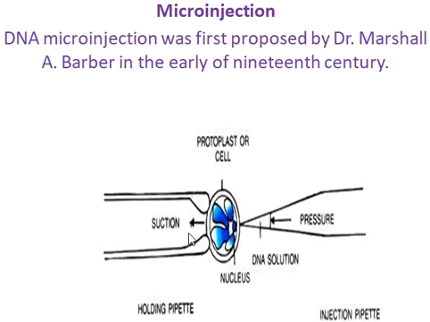If you give higher pressure, the cells may enter into the suction apparatus. By giving proper pressure, we can hold the cells. After holding, we inject the DNA into particular cells.